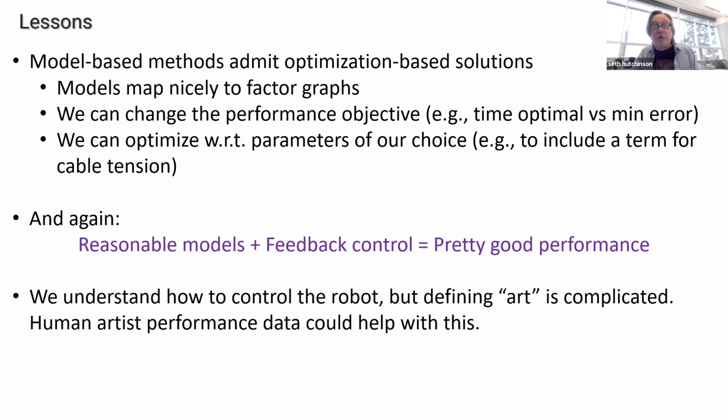In this case, the trick for feedback control is that it should be fast. We learned, and well, actually Jerry learned, high bandwidth feedback control really makes this system perform very well, even with unknown loads at the end effector. As you paint, the weight of the paint can changes over time.